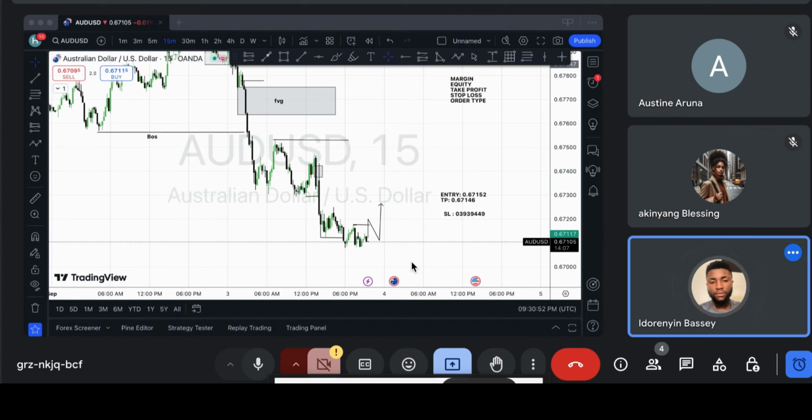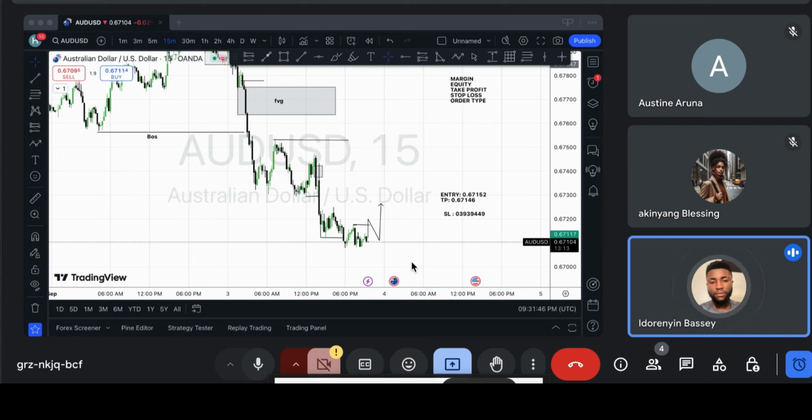Stop loss and take profit orders manage your risk and lock in your profit, while a trailing stop order moves your stop loss as the market moves in your favor. And GTC order remains active until manually cancelled.